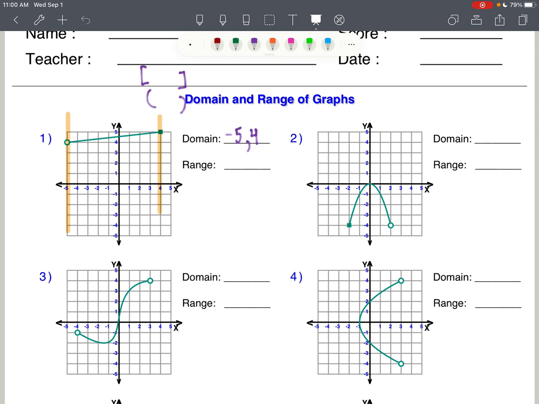So we would use a parenthesis on the left end because -5 is not included. On the right end, when I put a +4 in, I get a closed circle. So (4, 5) would be the ordered pair. 4 is part of the domain. Therefore, the right end would be a bracket.